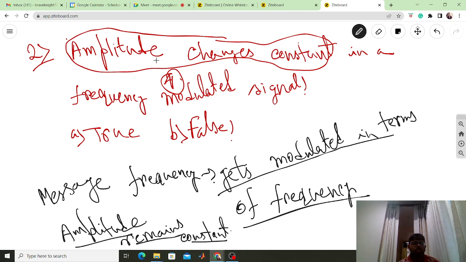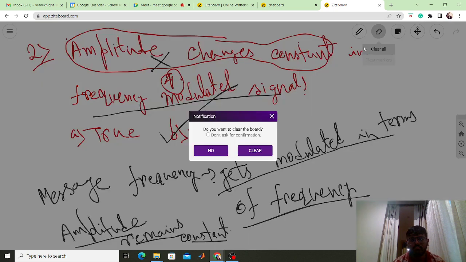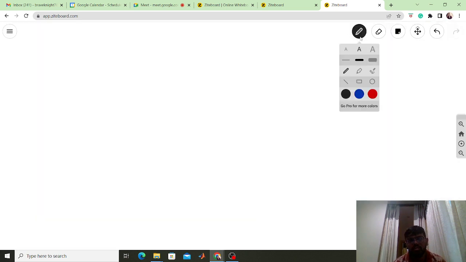So amplitude does not change constantly for a frequency modulated signal, and the right option is false. Okay. Now let us go to the third question.